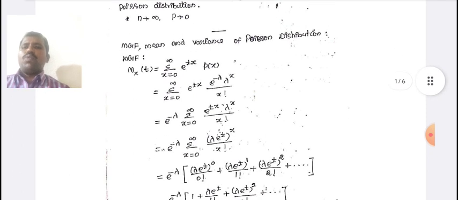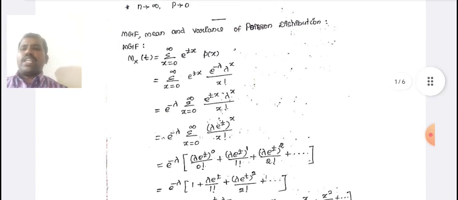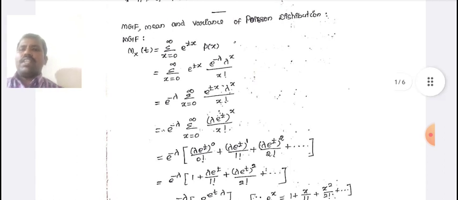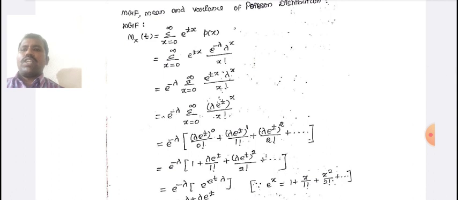Next one, moment generating function, mean and variance of Poisson distribution. The moment generating function M_X of t equal to summation x equal to 0 to infinity e power tx into p of x, equal to summation x equal to 0 to infinity e power tx into e power minus lambda into lambda power x divided by x factorial.